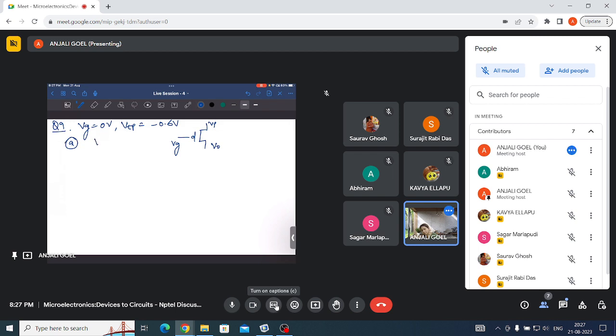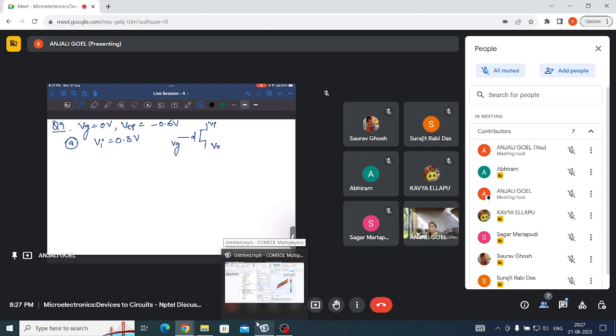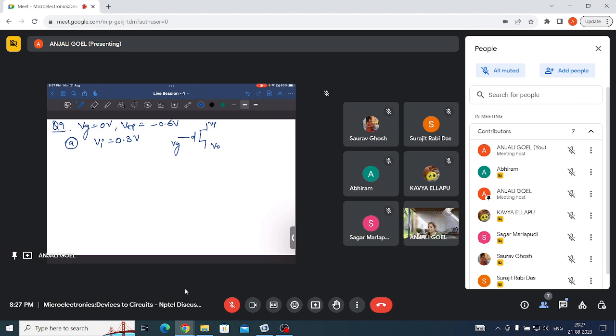So what is the output when Vi is equal to 0.3 volt? 0.6 volt.